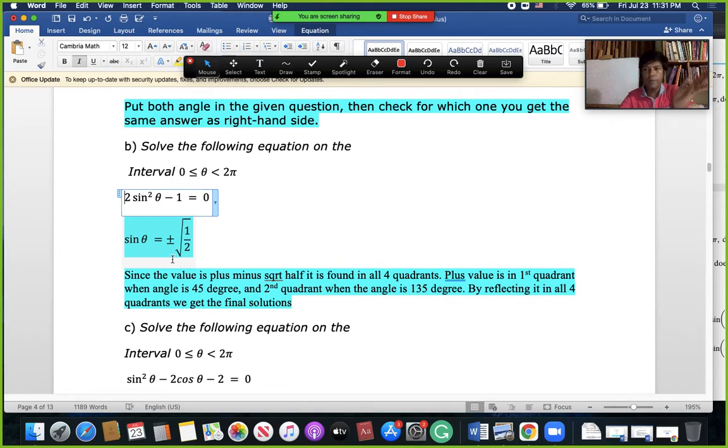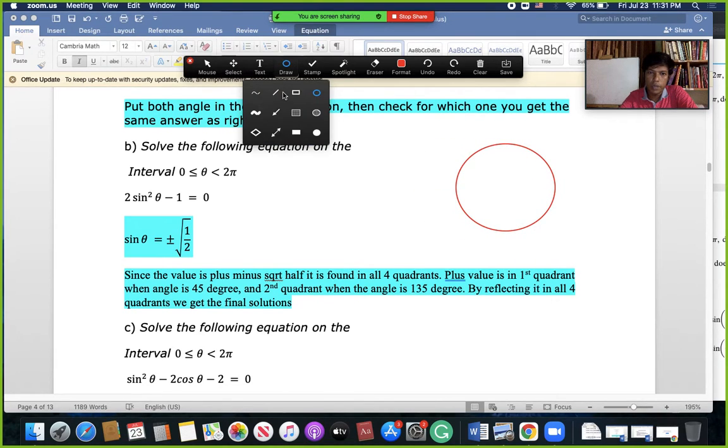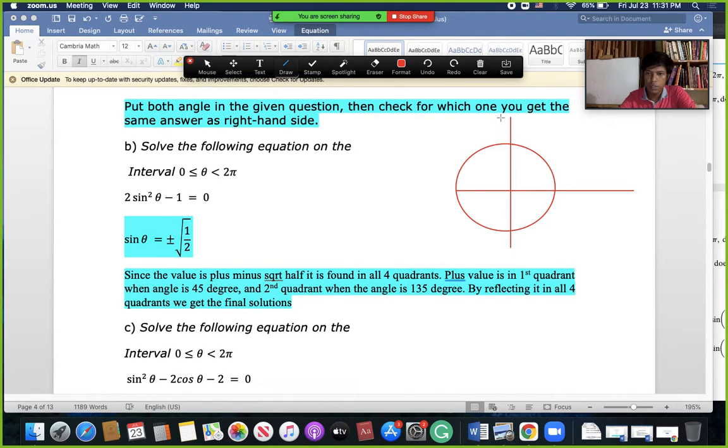Then the 45 degrees will have a reflection in all four quadrants. If I draw it very quickly, suppose this is our coordinate axis. Let's take the straight line.